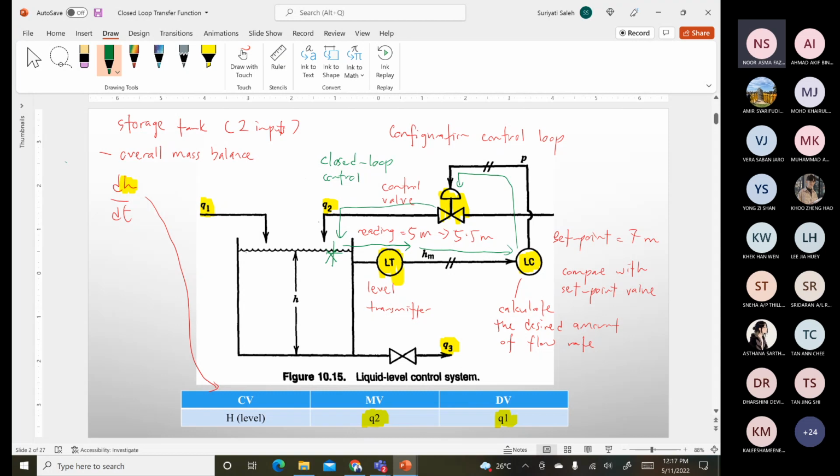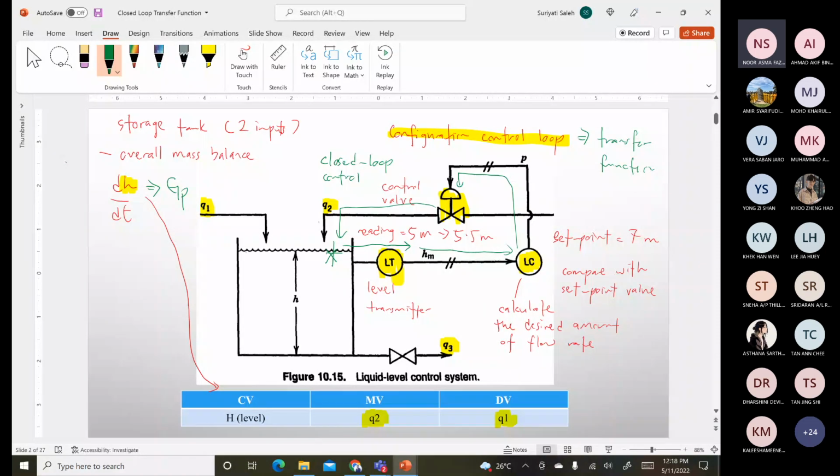For this topic, we will investigate how the configuration control loop can be represented as a transfer function. Based on this, it's clear that the dH over dt here will represent your GP, the process transfer function.